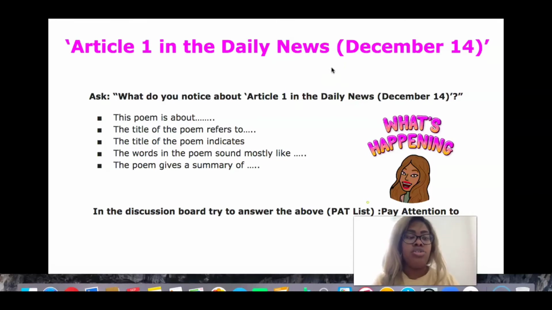The poem is called Article 1 in the Daily News, December 14th. The Reggie Lewis Wildcats capped off their remarkable season with a fiery win against Olive Branch Junior High. Playing without suspended phenomenon Josh Bell didn't seem to faze Coach Hawkins' undefeated Cats.